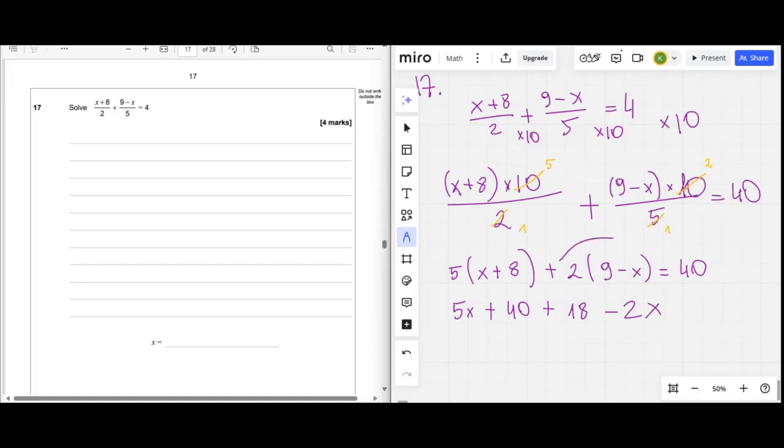Very important, plus 2 times minus 1x is minus 2x, equals 40. This term and this term is the same. So we have 5 minus 2, 3x equals.